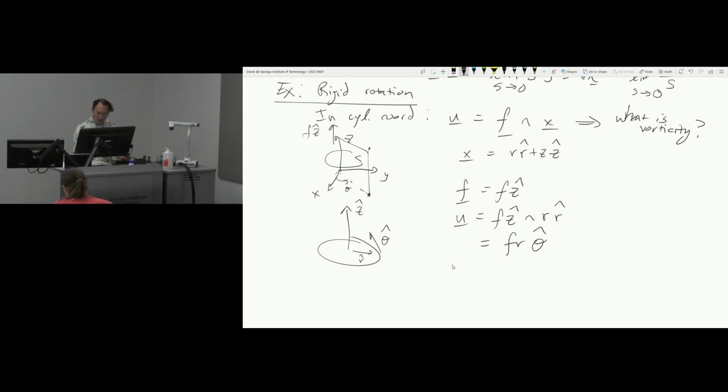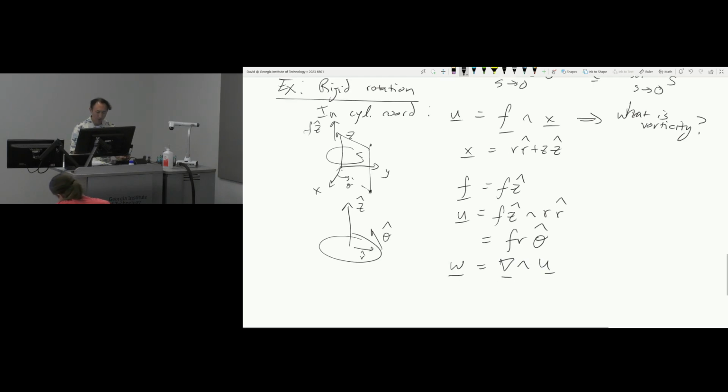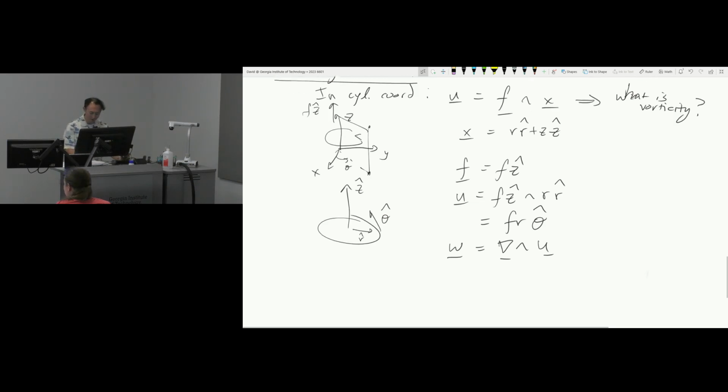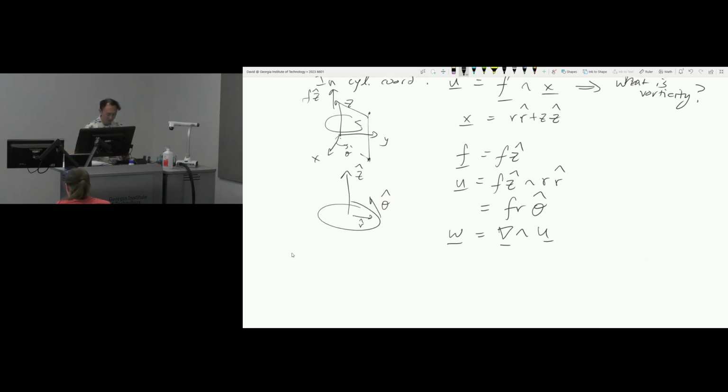Now, how do you calculate the vorticity? Remember, vorticity is the curl of u. Now, you've got to be a little careful here because this is cylindrical coordinates, and in cylindrical coordinates, nabla is really weird because everything depends on theta. So I'll just tell you what this is. You can practice on your own.